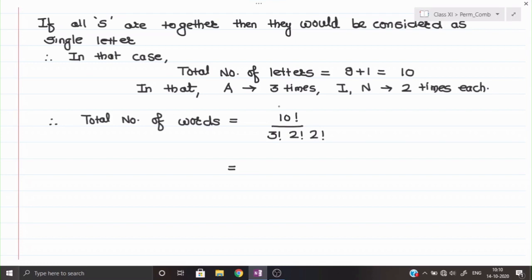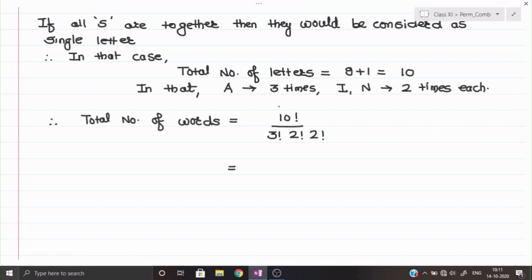I told you a simple way. From 13, first of all you subtract all the 4 s's, so remaining letters are 9, and those 4 s's form one particular letter, a single letter we are going to consider. So 9 plus 1 will become 10, and in those 10 letters, s will not be considered as a repeated letter because they all are coming together. So a is coming 3 times and I and n are coming 2 times.